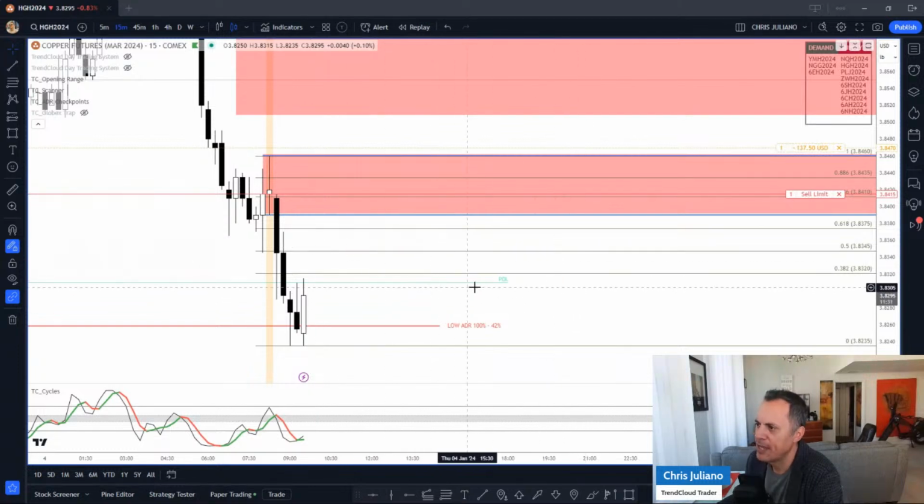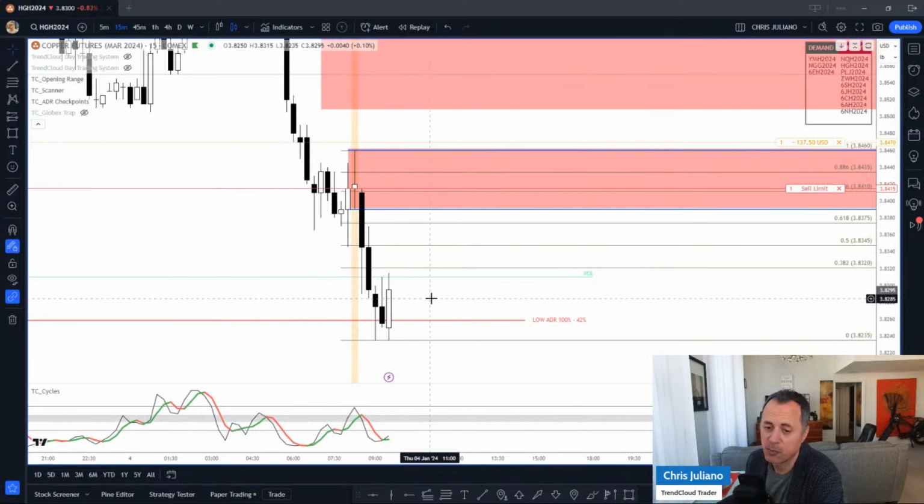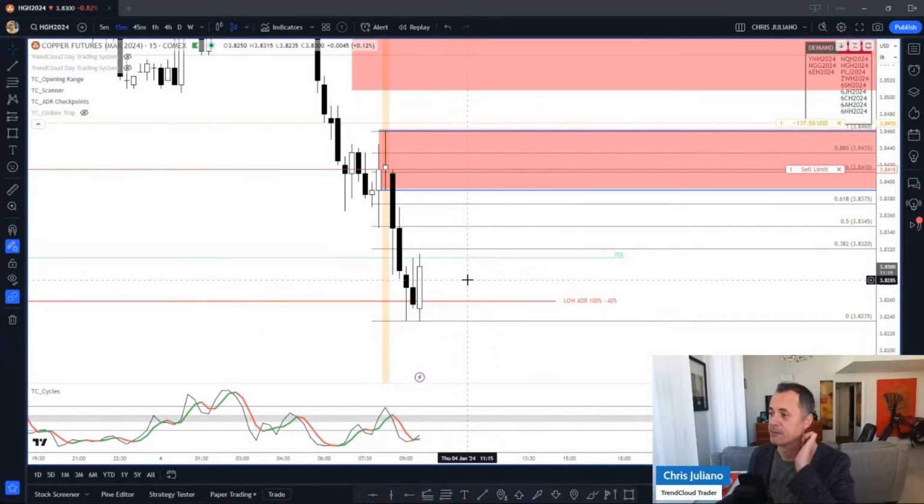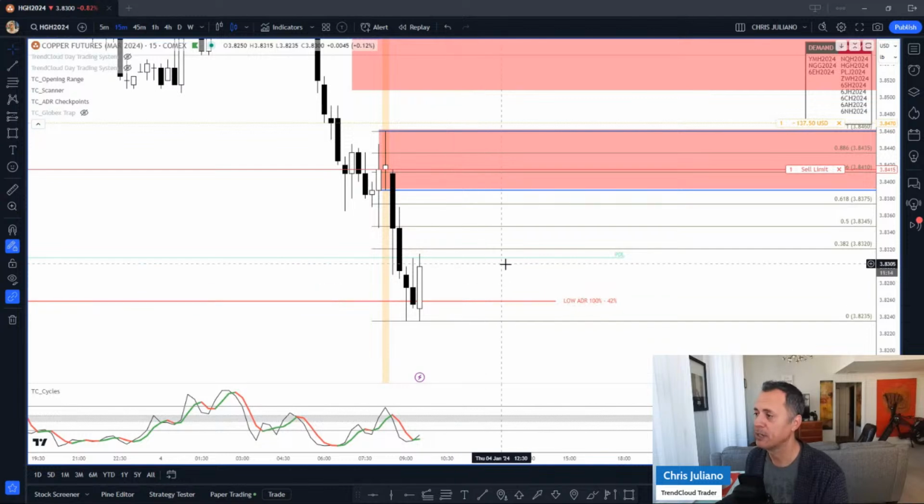Now we do have the previous day's low, and it's bouncing off the previous day's low right now. So this thing broke through the previous day's low and is staying below it, as it's just hit that ADR checkpoint.